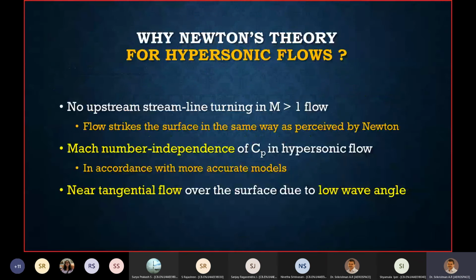So what do I mean by near tangential flow, and why do we say that we have a low wave angle and the flow can be considered tangential? That requires a more detailed explanation. Not only that, I need to spare some time to explain the assignment. So I stop here. If you have any questions, we'll take those first and then go to the assignments.